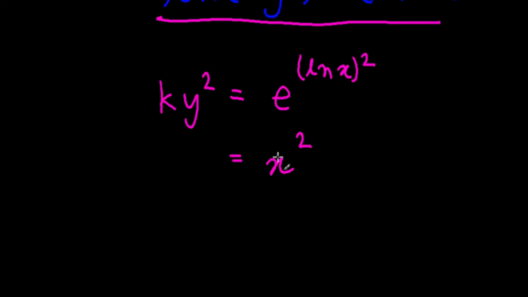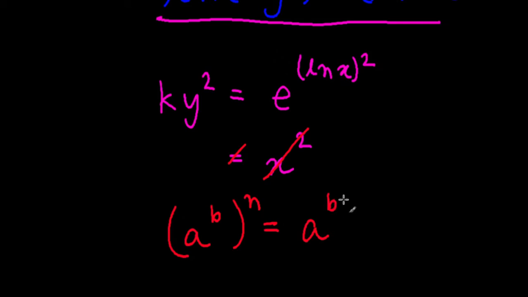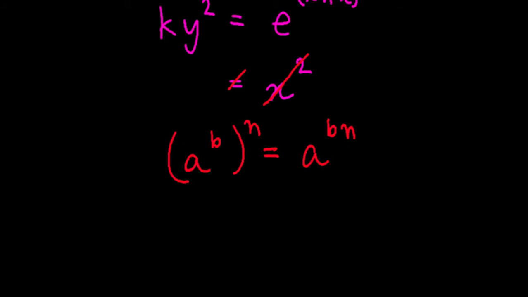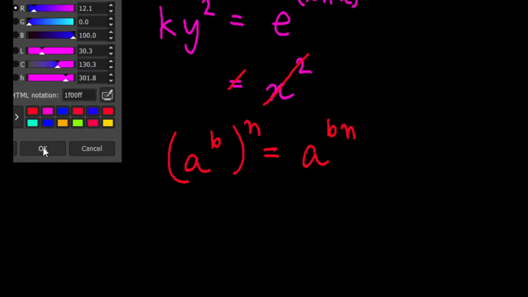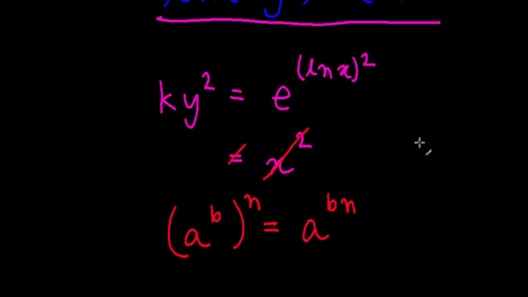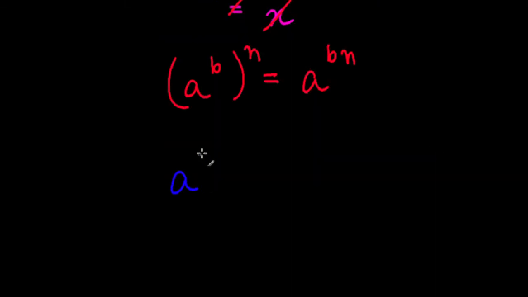I might be visiting some really elementary stuff right here, and you might hate me for this, but we really need to be very careful about this. It's a fact that a to the power b, with the whole thing to the power n, is in fact the same thing as a to the power b multiplied by n. You can just write it as bn. These two are the same thing, but this is not. And I repeat, this is not. These two are not the same thing as a to the power b and b to the power some n.